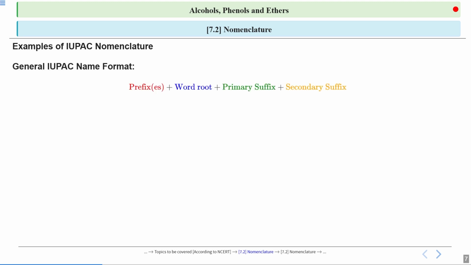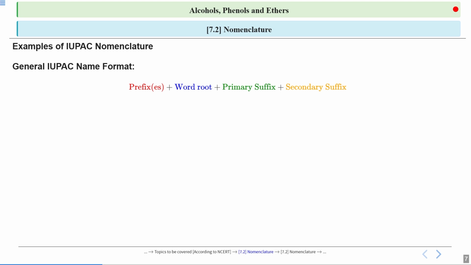For understanding the IUPAC name format, which we generally use while naming the alcohols, the general IUPAC name format is: first is the prefix or prefixes, if you have more than one substituent present in your compound, then comes the word root, then comes the primary suffix, and then the secondary suffix.